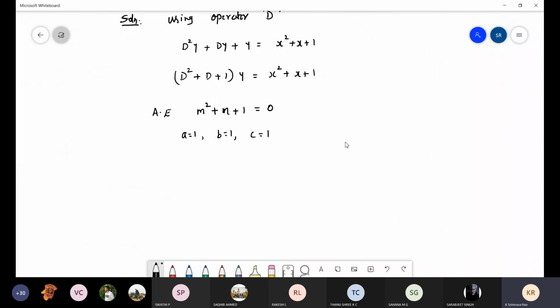Write the formula: m equals minus b plus or minus square root of b square minus 4ac divided by 2a. Substitute and find the roots.